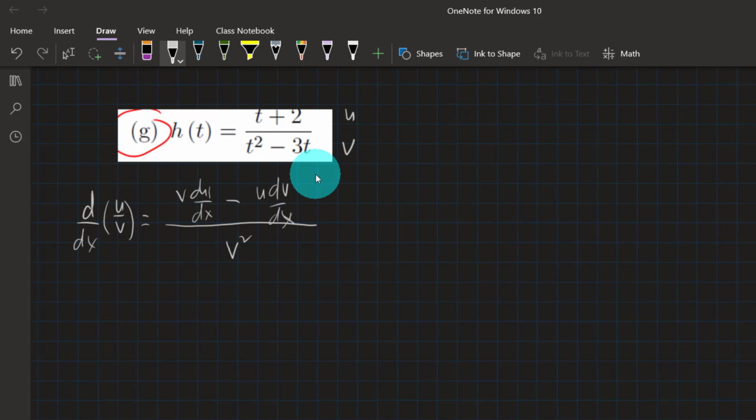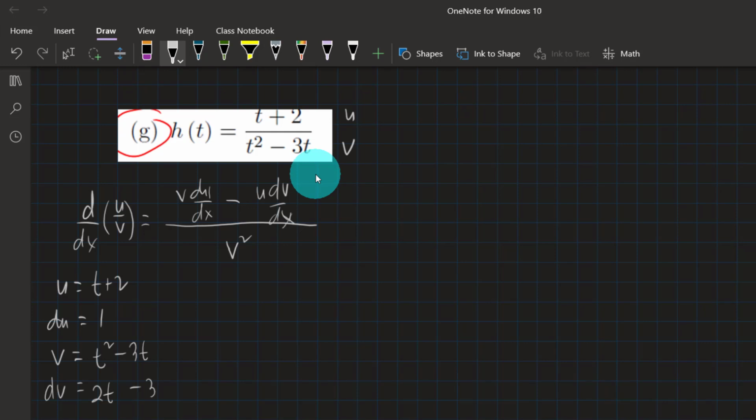So let's identify the components. We have u, which is t plus 2. Our du is 1. Ang ating v is t squared minus 3t. Ang ating dv is 2t minus 3. And then we apply the formula.